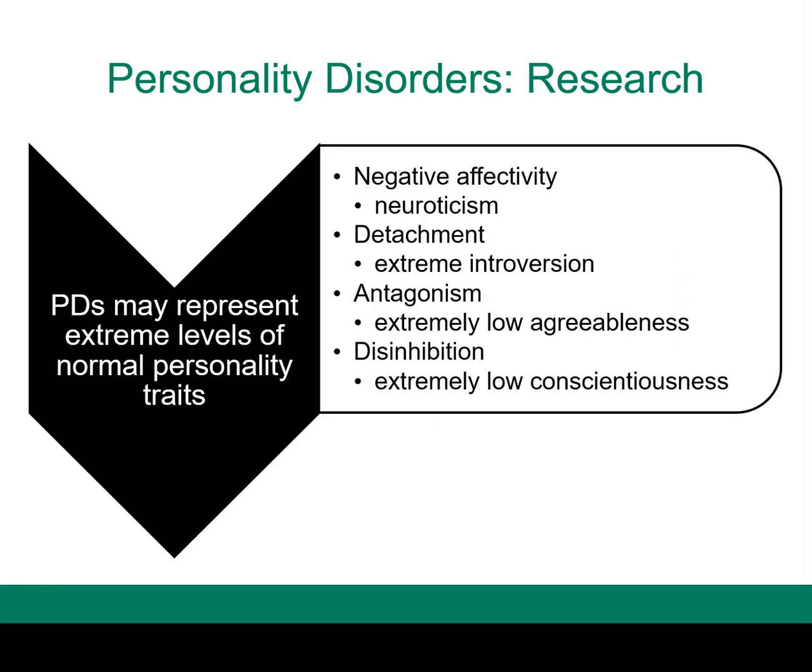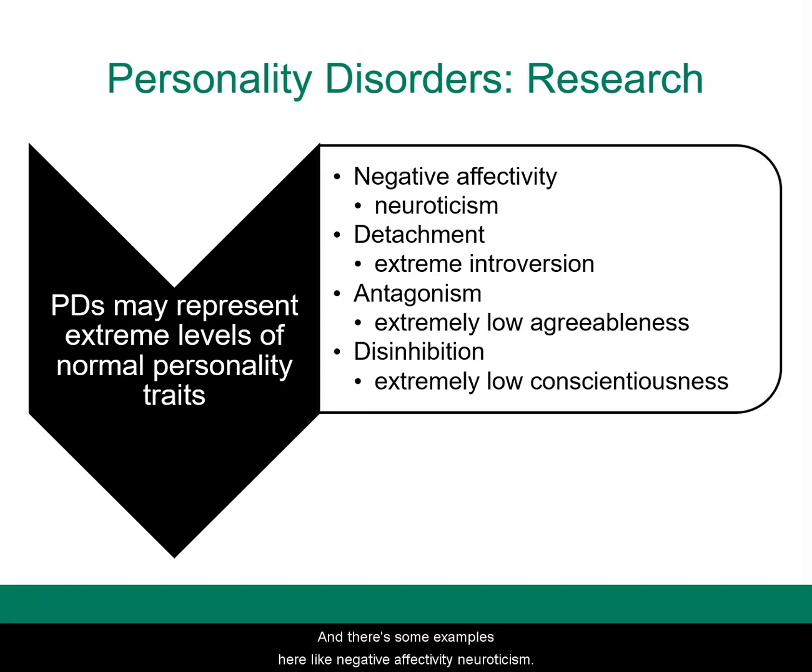Okay. Now, here's a little bit about what I was just referring to, in that personality disorders may represent extreme levels of normal personality traits. Okay, so this is why it's so difficult. We want to make sure that before we label that individual, this normal personality trait is at an extreme enough level for us to then place that label.